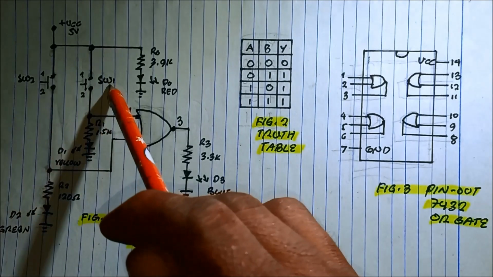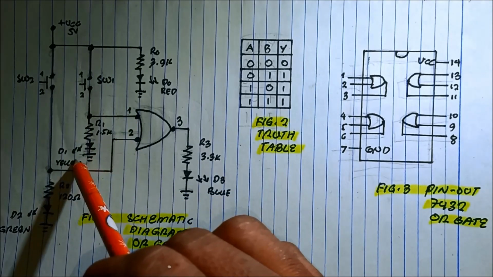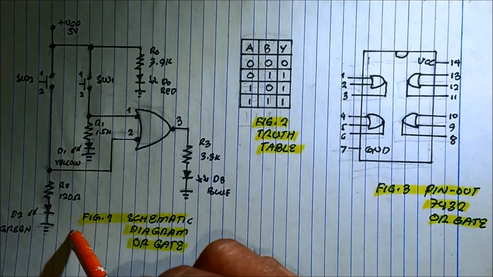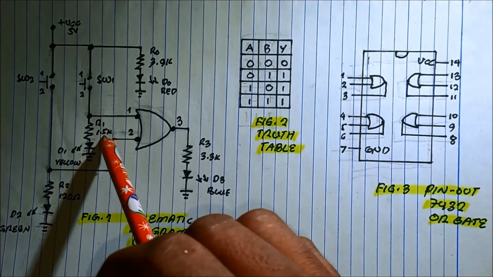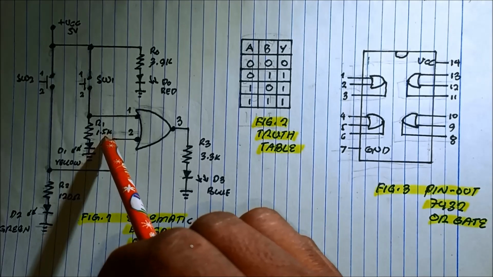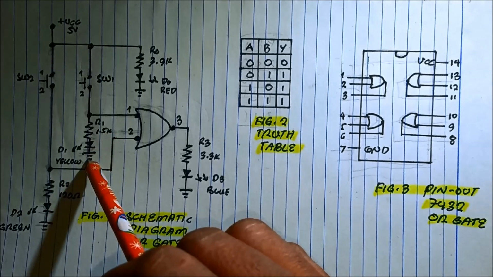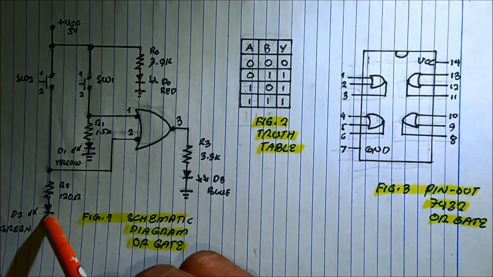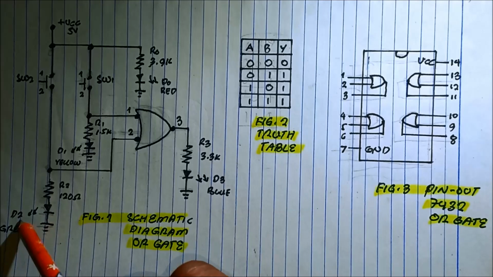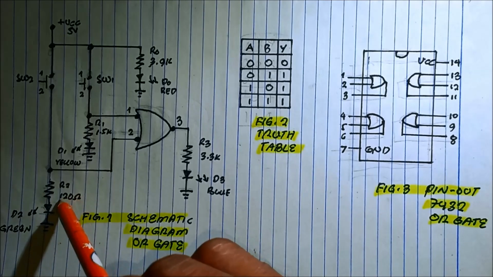And into the switch 1, we have this input LED, yellow for the switch 1, with a current limiting resistor of 1.5K. And to the LED yellow to the ground. And to the switch 2, we connected the another input LED, D2 green, with a current limiter resistor of 120 ohms.